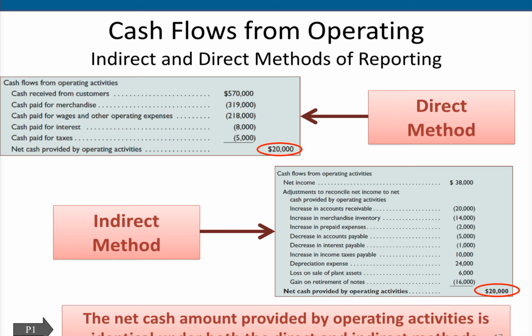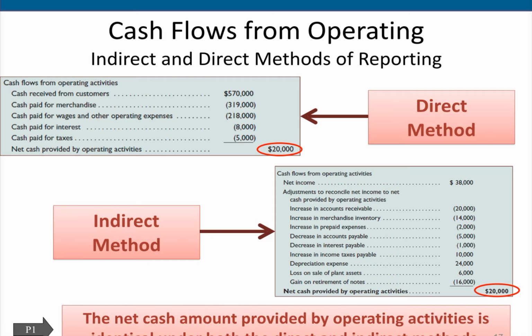In the direct method, you essentially are just starting with and only isolating and looking at what's happened with cash. It's a little bit harder to find the information at the outset when you're doing this method, but the difference is the indirect method basically says, okay, look at the income statement.